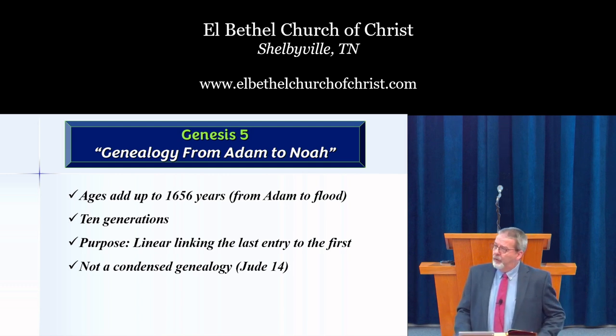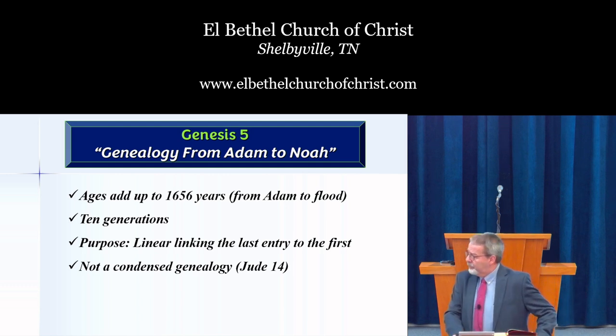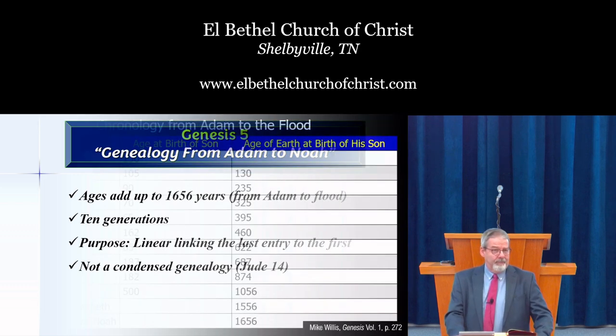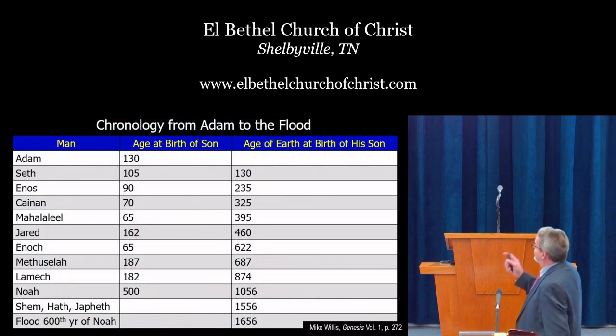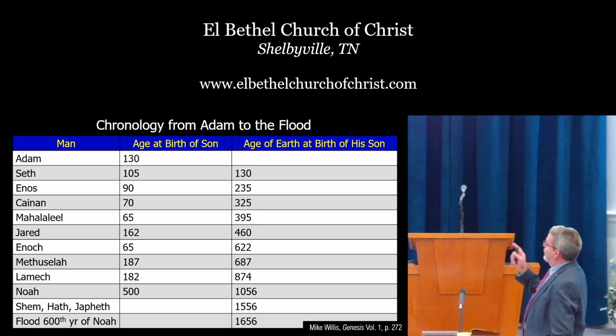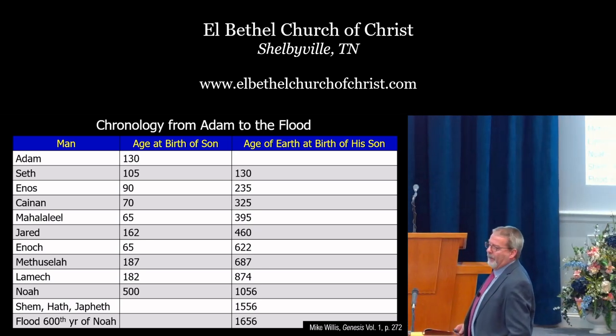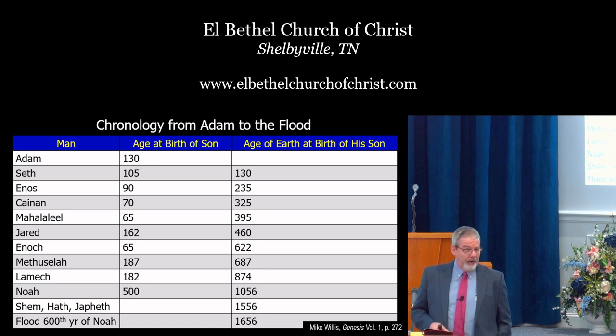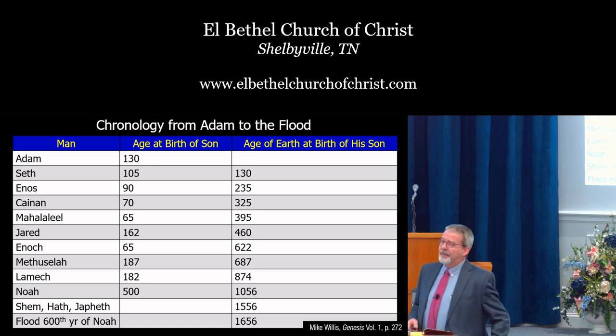But is this one a literal 10 generations? Well, Jude 14 says that Enoch was the seventh from Adam. You count, starting with Adam as 1, count down seven, and you come to Enoch. It's unlikely that the rest are not literal, consecutive generations if the first seven are. So Jude 14 gives us some insight into that.